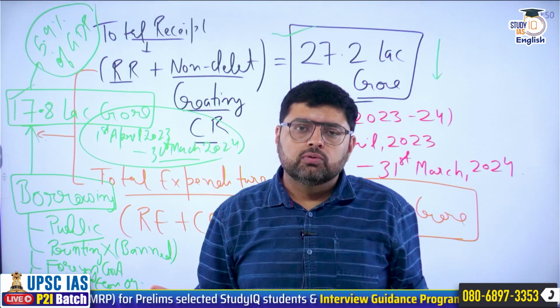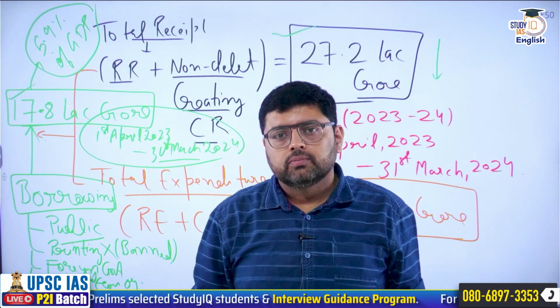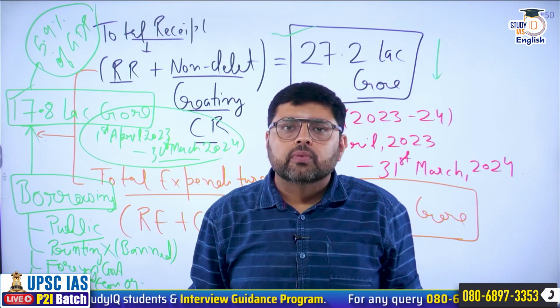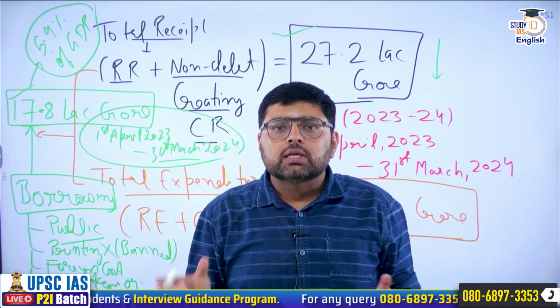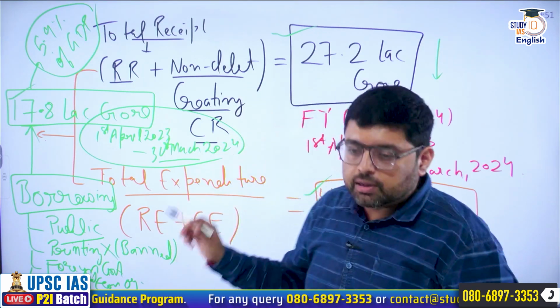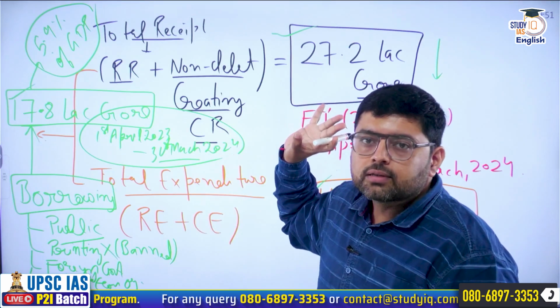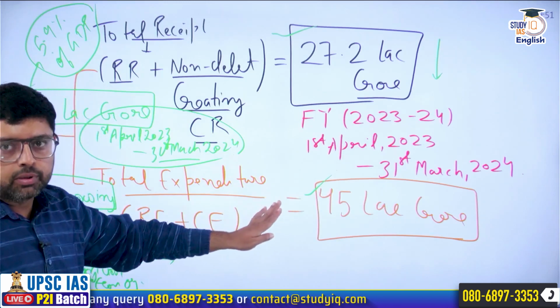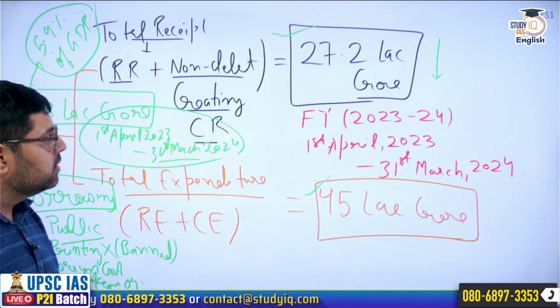Okay. So, that is a crisis, and that crisis is not in the hand of any government. So, if such a situation comes again, then you will see that these numbers get changed. But for the time being, these are the numbers.